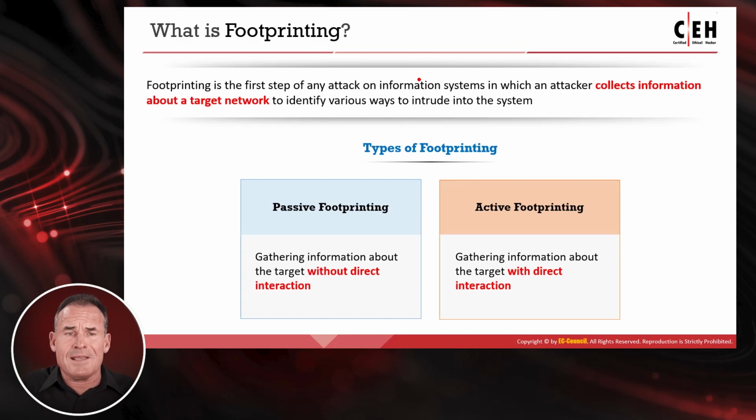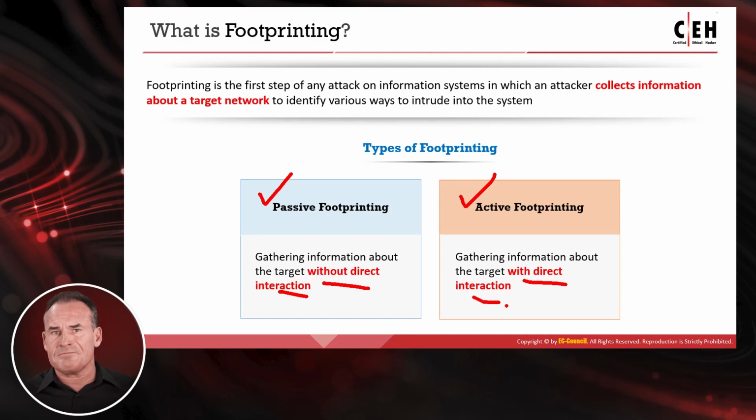So footprinting is divided into two categories. You have passive and you have active. Passive is not directly interacting with the target. Active is directly interacting with the target. We mentioned in the last module that passive in general goes unnoticed. I'm not really actively engaging in anything. I'm just sort of sitting by, a fly on the wall.